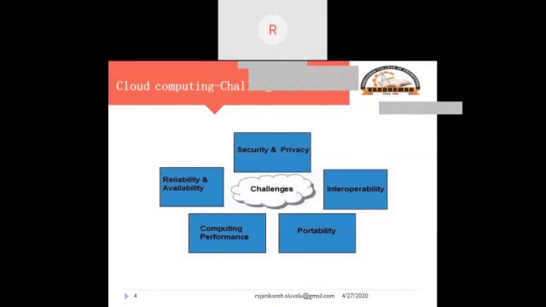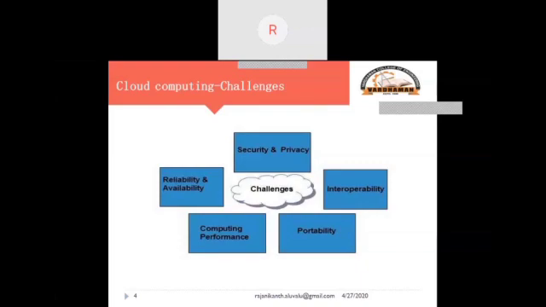And say if the network fails, say if we do not have connectivity, then we fail to run our applications, we fail to get our data. So this is one of the major concerns which we call availability.